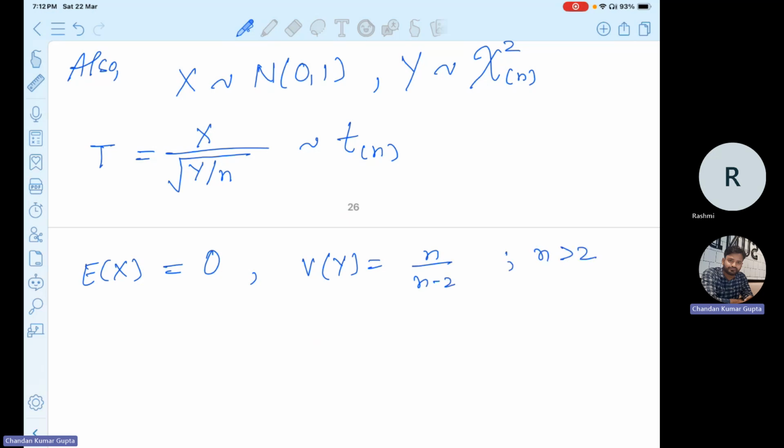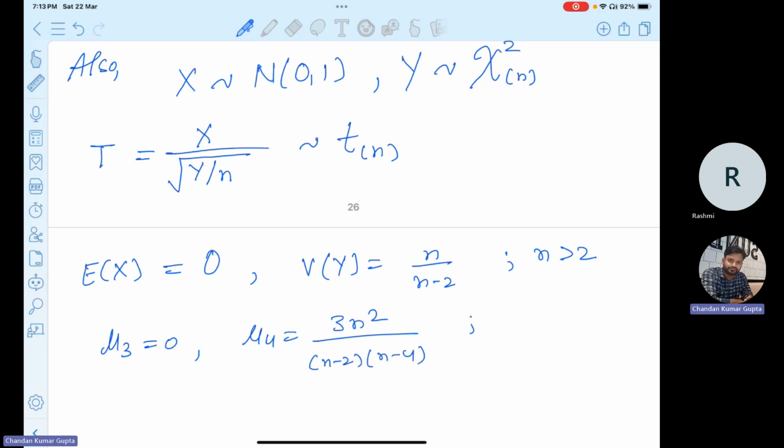Because variance is always positive, and when we take n less than 2, the variance comes out to be negative. That's why we have considered n greater than 2. The third order moment is also 0, and the fourth order central moment is 3n square upon (n minus 2)(n minus 4). Here again n is greater than 4.